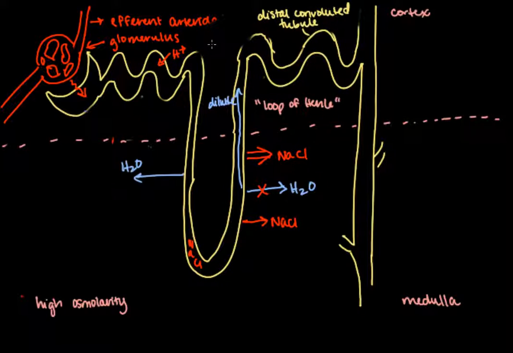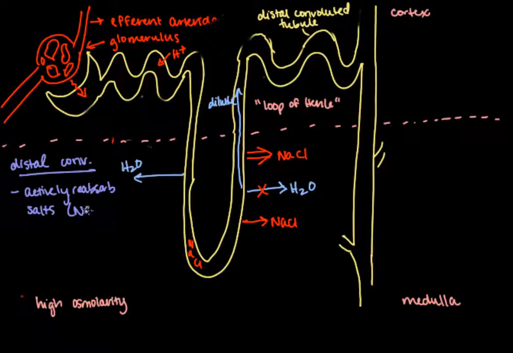So here, this is where we actively reabsorb some salts. So that would be, we'll reabsorb some more sodium chloride, and then we might reabsorb some bicarbonate, and we might actively secrete some protons or potassium ions.